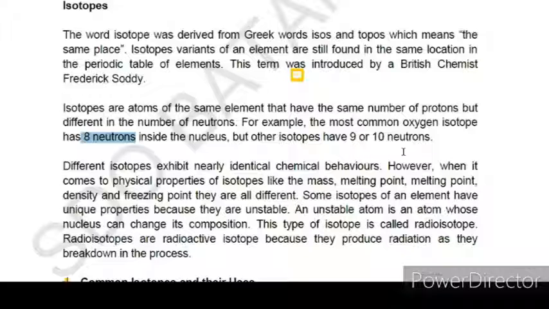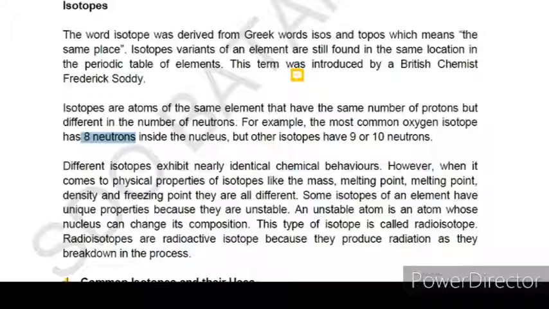So they are called isotopes. The isotopes of oxygen will all have the same number of protons. The number of protons of oxygen is actually 8. So there are 8 protons and 8 neutrons, or 8 protons and 9 neutrons, or 8 protons and 10 neutrons for the 3 different isotopes of oxygen.